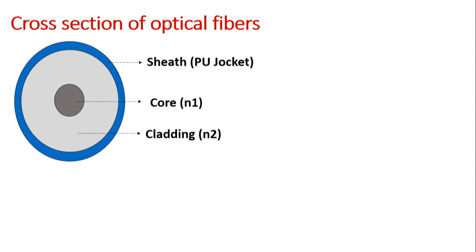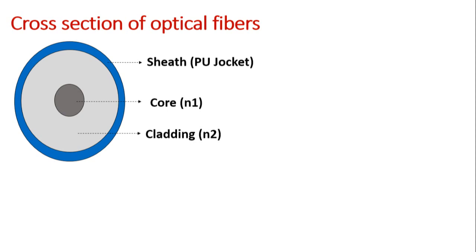The core is surrounded by the cladding, whose refractive index is N2, and once again the cladding is surrounded by a sheath called the polyurethane jacket, which is a protective sheet. It is something like the insulation material on an electrical wire, an insulating material which covers the fiber.